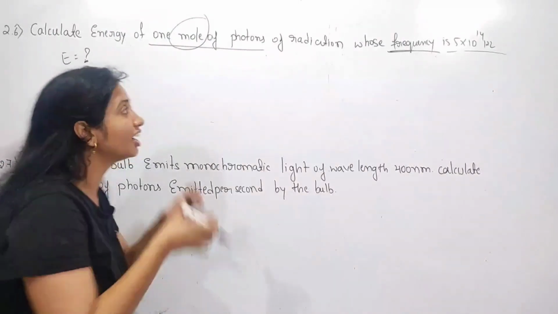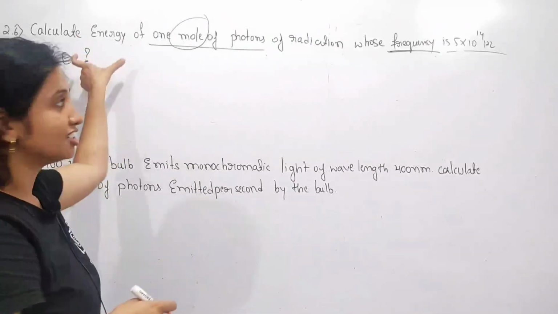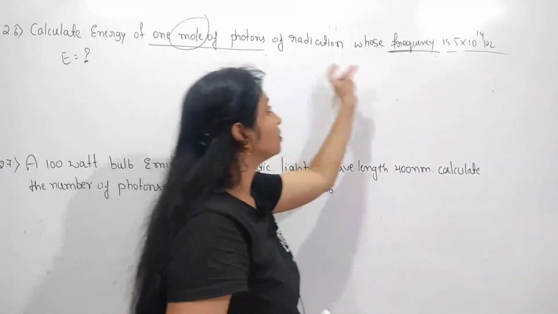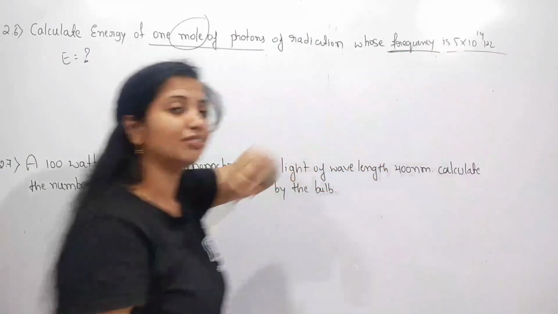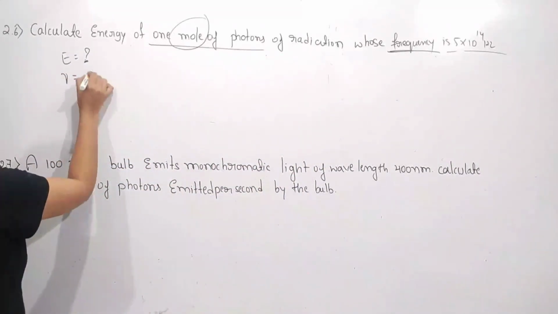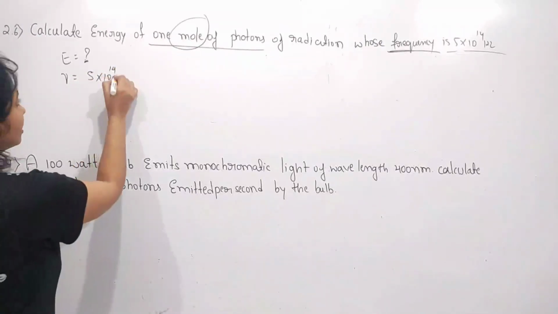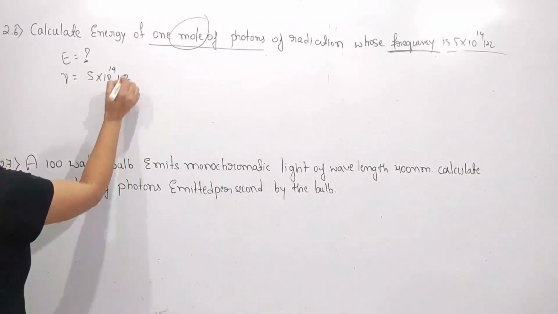We don't know that energy; we have to calculate it here. And what is given? The frequency, mu, is 5 × 10^14 hertz.